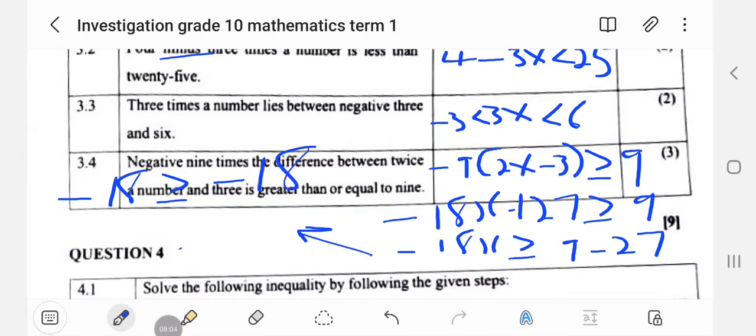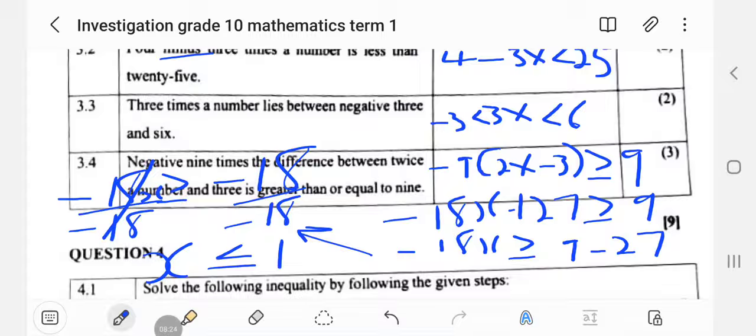Now, this one has an x, so we need to divide by minus 18 because it has a coefficient. When we divide by a negative, the inequality sign changes. We're left with x because we've cancelled the 18s. And then here we have 1. So these are the final inequalities.